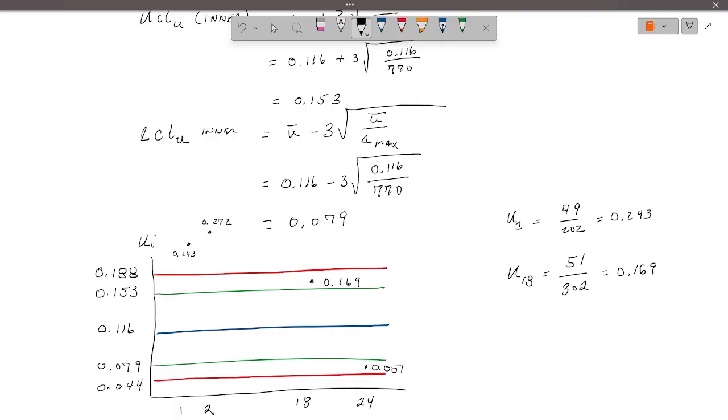And then U24, get out of there, U2, was 33 defects divided by 652, and that became 0.051. Okay, so that's where those numbers came from.